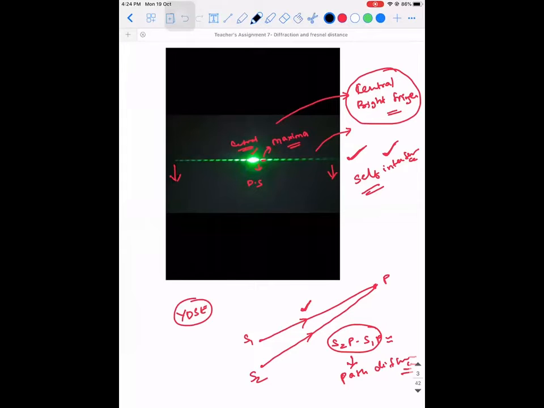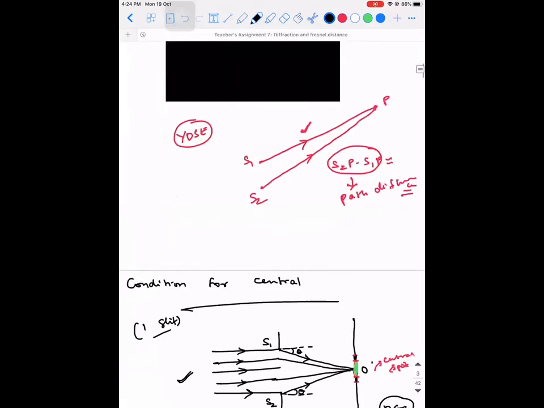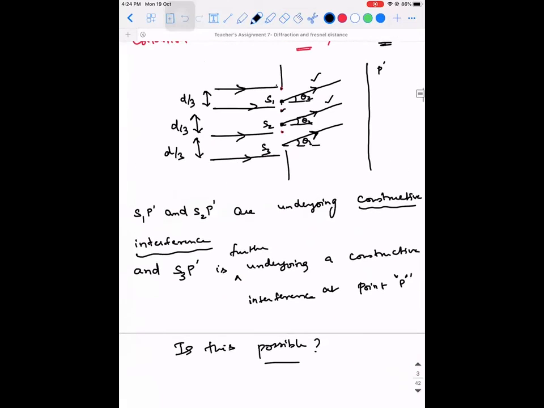So I'm talking about intensity of light. Now think of the theory that I've given you. I've told you that S1P and S2P both are meeting in such a way that they undergo constructive interference. When constructive interference is taking place due to two light sources, at the point P dash, will you have more amount of light or less amount of light?